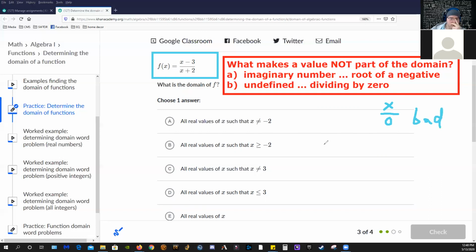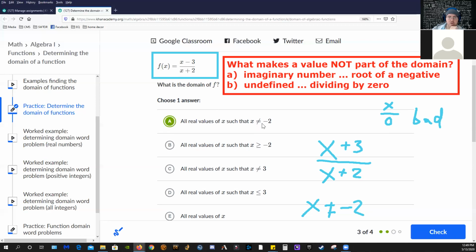So if we've got x plus 2, what can x not be? x cannot be -2, because if you put a -2 in there, that would make the denominator 0. I think that's it. x cannot be -2. It can be anything else.